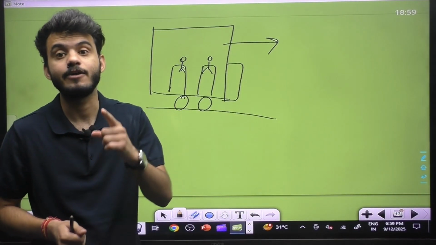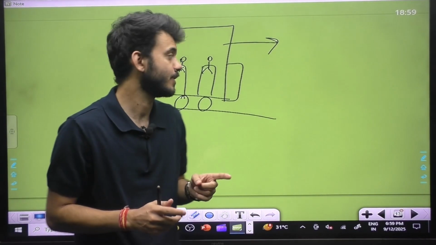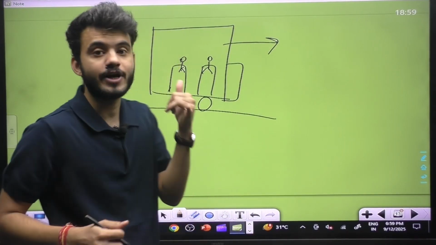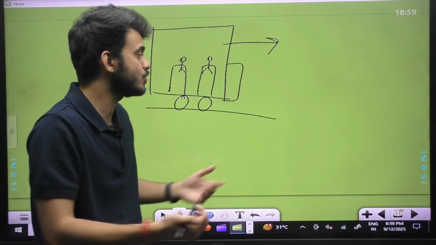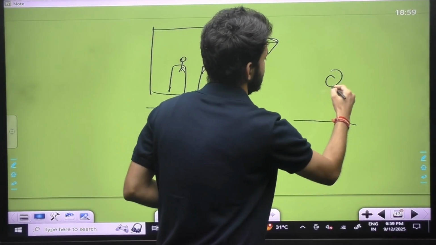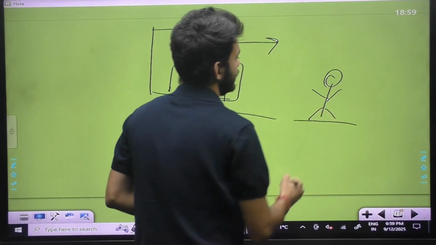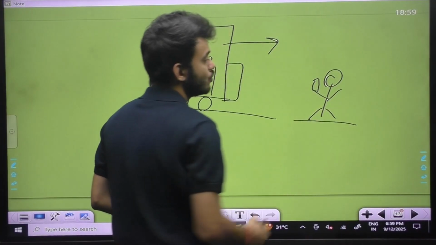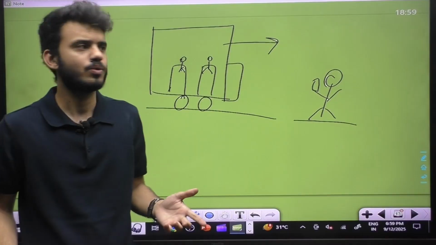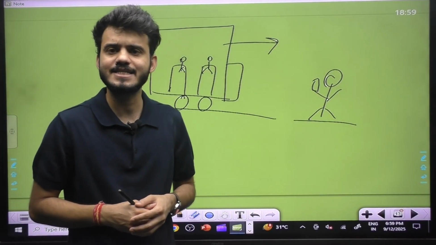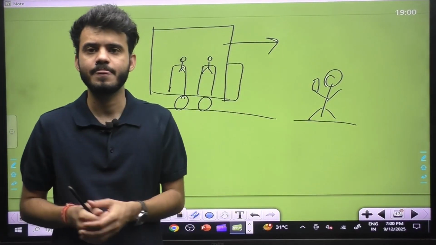But is he or she? You can tell that if you change the reference frame. So you call your friend who is just standing outside the bus. You called him, he was talking to you, and he can tell you that no, you guys are not sitting still, you guys are moving.